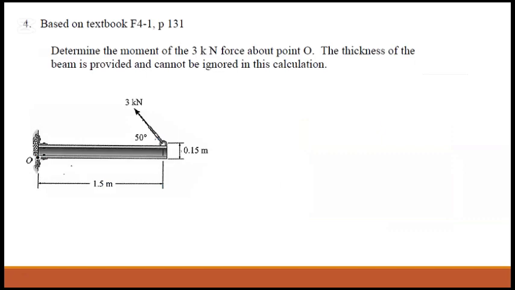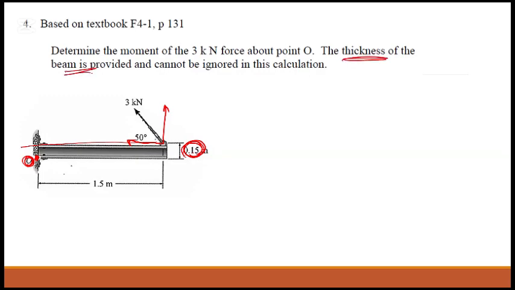So when you have this kind of one, remember the thickness of the beam is important here. See, you are asking about moment about O, then it is like this. So this force is not going through O, it has a 0.5 distance. In some cases, they say ignore the thickness of the beam.